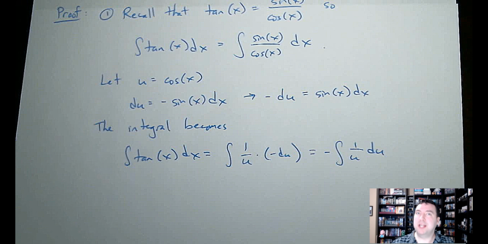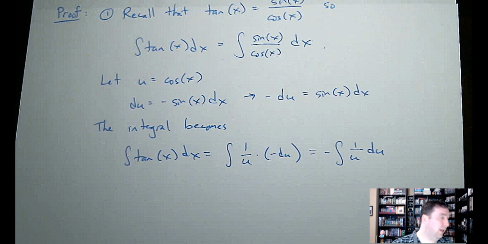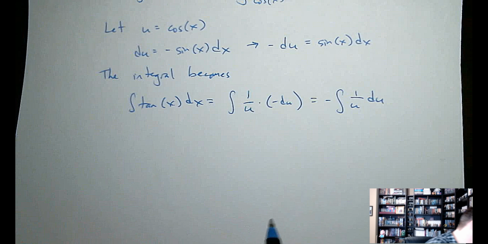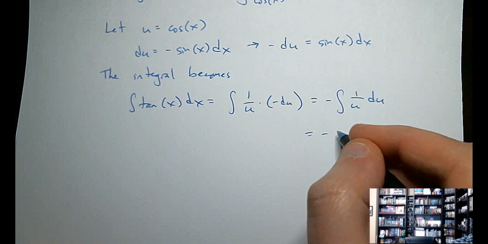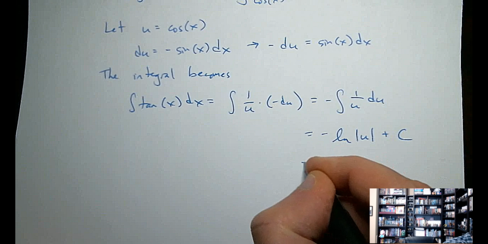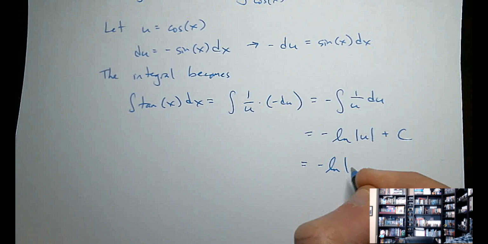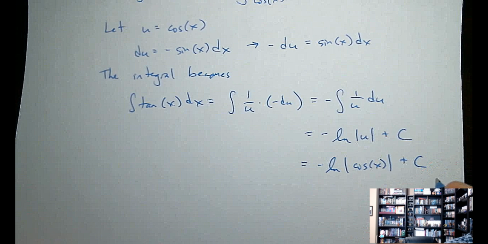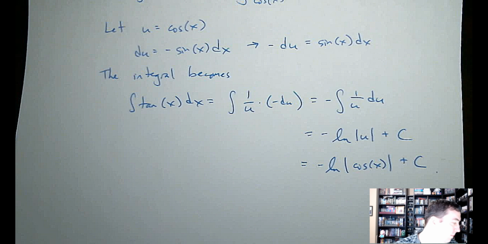Again, we keep seeing this one, and it does pop up pretty often. So, of course, that's then going to be negative the natural log of the absolute value of u plus c. And then we just plug back in for u, as always, to obtain our result.